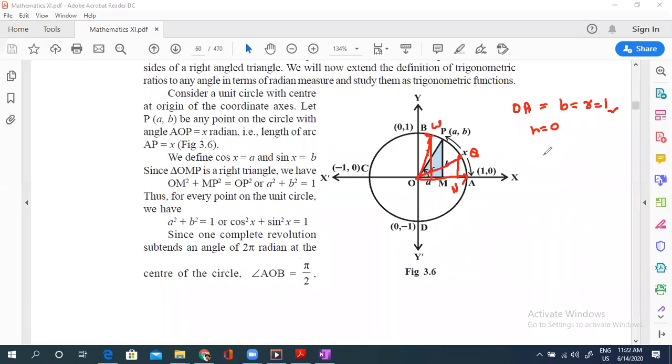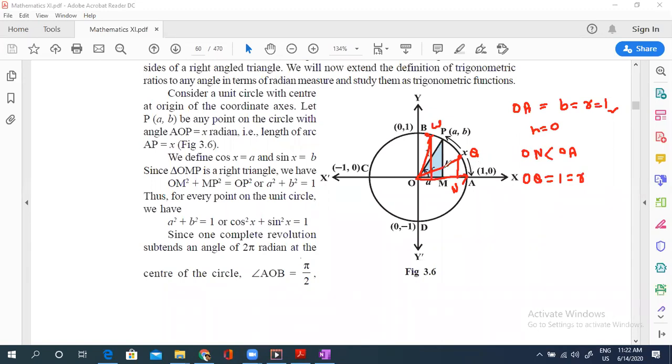ON. Is ON less than OA or greater than OA? Tell me. Less than? Yes. It is less than OA. Now, OQN is a right angle triangle in which the length of OQ is constant, which is equal to 1, because it's the radius, and the length of the radius is fixed.